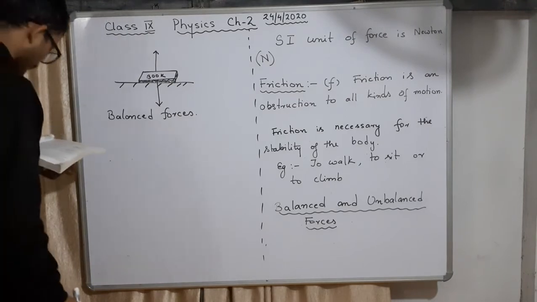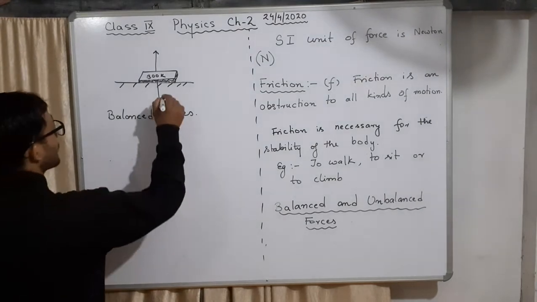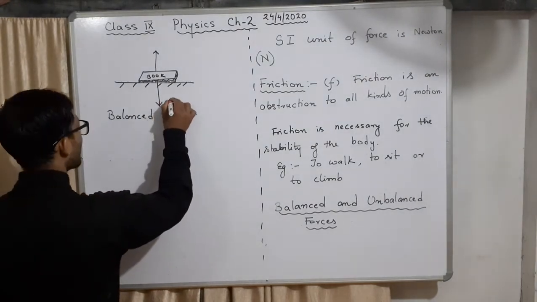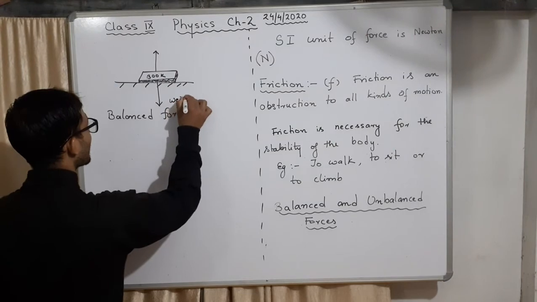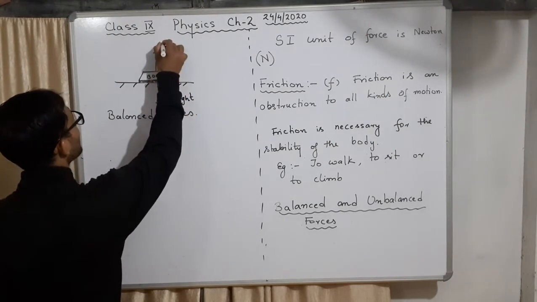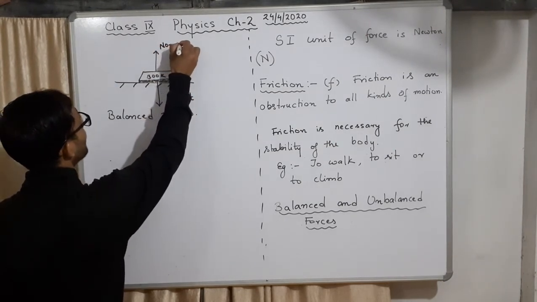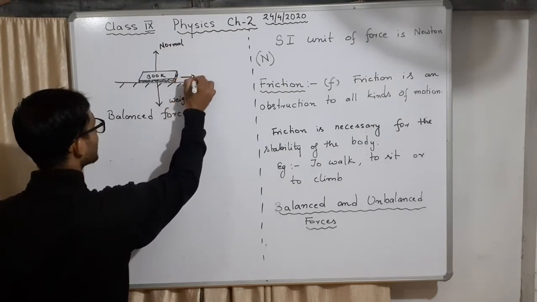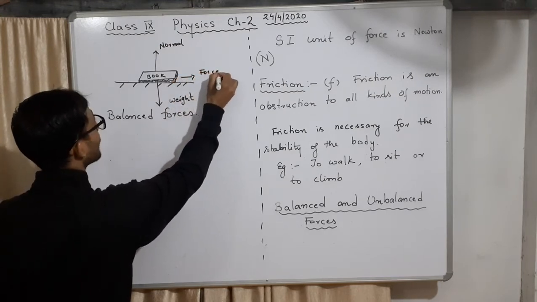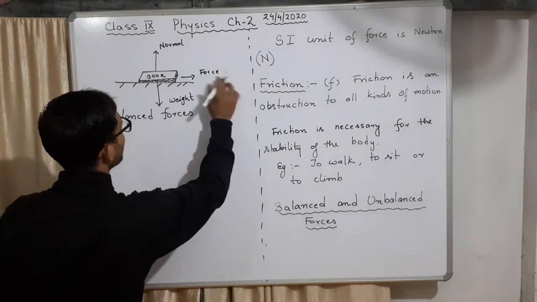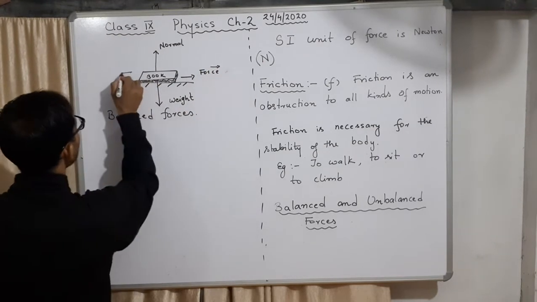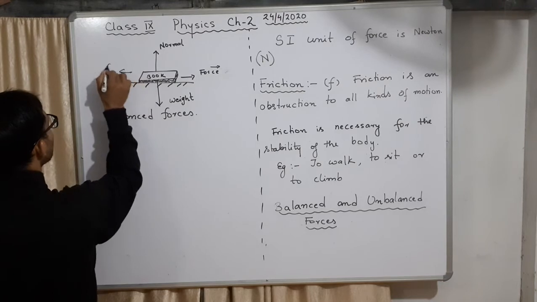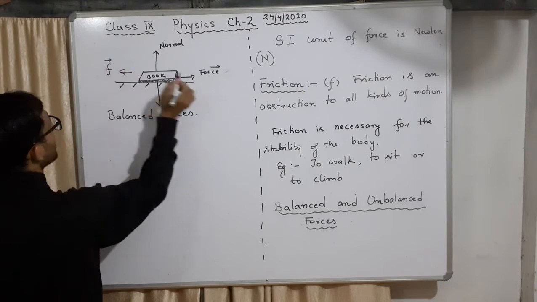Now, in this case, this is weight downward. This type of force is called normal force, and the frictional force, I'll write it here. If we apply force in this direction, then this will be friction in this direction.